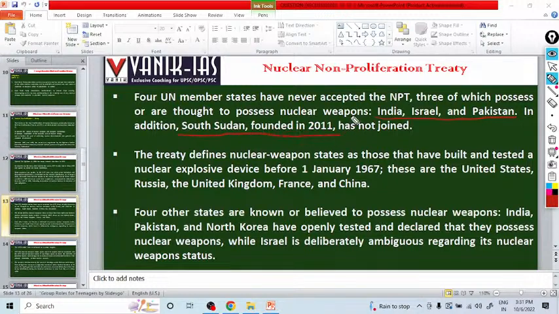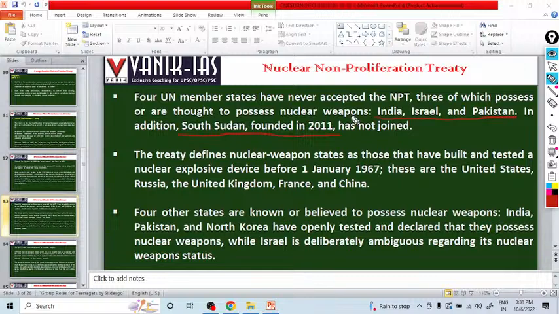North Korea has not joined but withdrew. India, Israel and Pakistan have nuclear weapons. India and Pakistan tested, Israel has not tested, but everyone presumes that Israel has sophisticated nuclear weapons with American support. So these three have not accepted the treaty, and South Sudan, the new member country of the United Nations, has not joined the treaty.